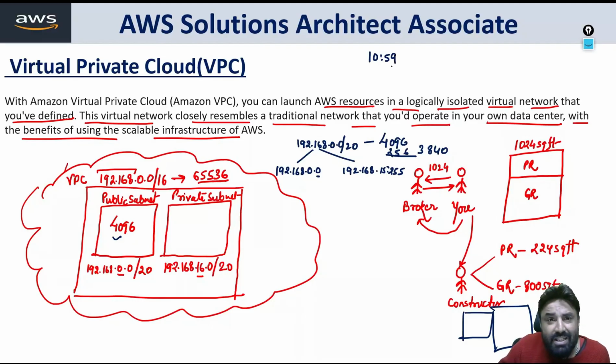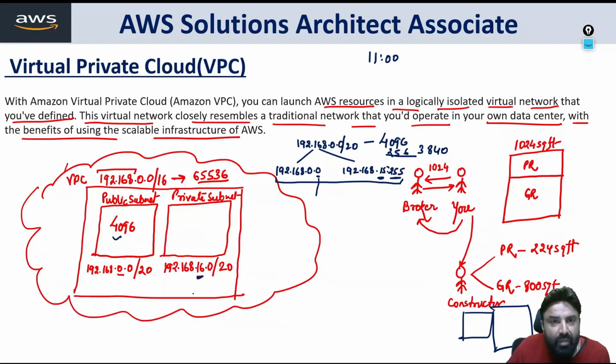Have you ever seen 10:60? No. After 10:59, this becomes 00 and this becomes 11. Exactly in the same sense, when it reaches 255, this will again become 0 and the next will become 1. So till I consume 4096 IPs, I will reach 15.255. So when I'm already booked from here to here, the next available IP starts from 16 only.